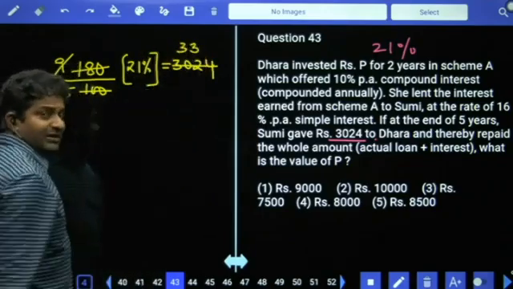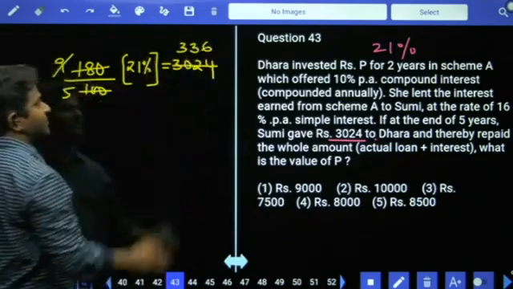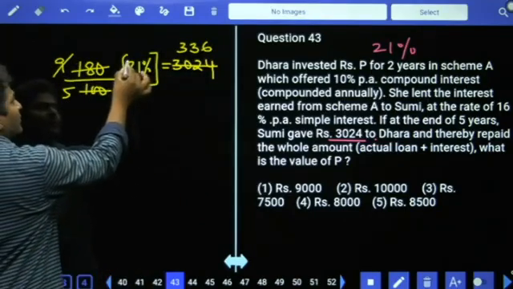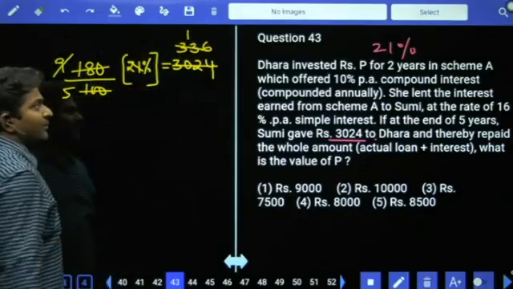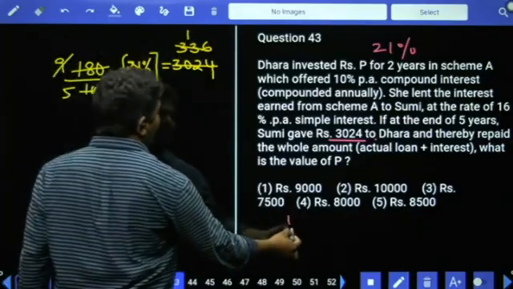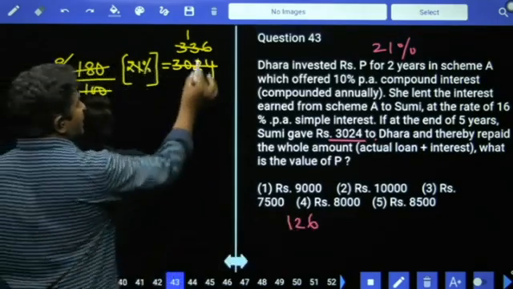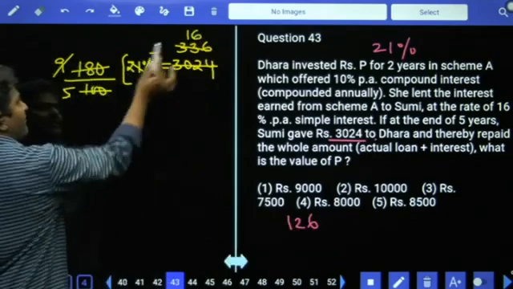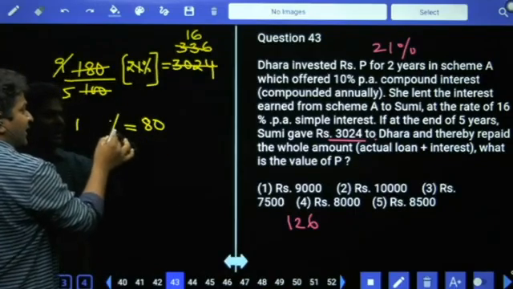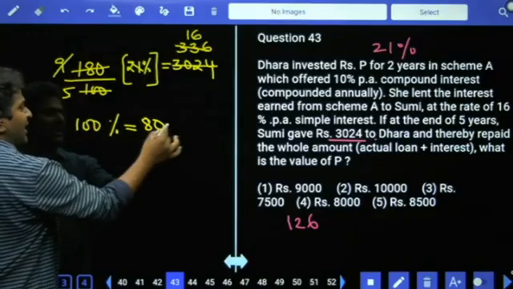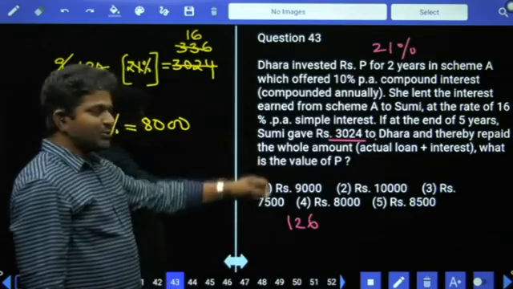Again 3 times 9 is 27, again 5 and 4, 54 we have. That is 6 times. So now 21, once 21, and then we have 1, 26, 21, 6 times, 5 into 16, 80. That is equal to 1%. If 1% is 80, 100% is 8,000. That is 4,000. And that is the value of P.